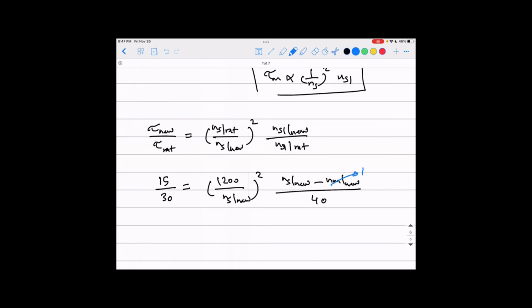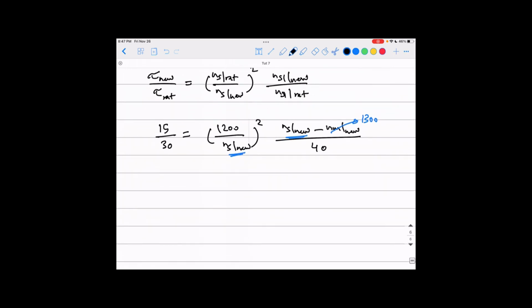The new mechanical speed is 1300 RPMs, that's given. So all here is known except for NS new. If you rearrange that, it will give you some sort of this equation.